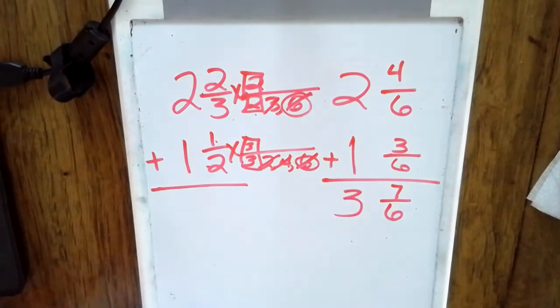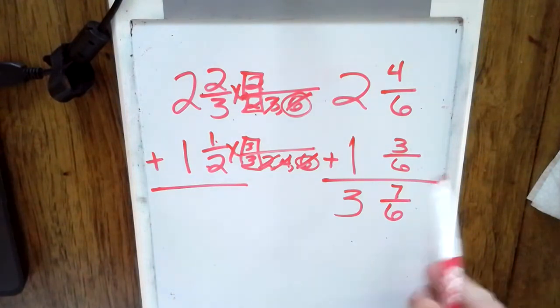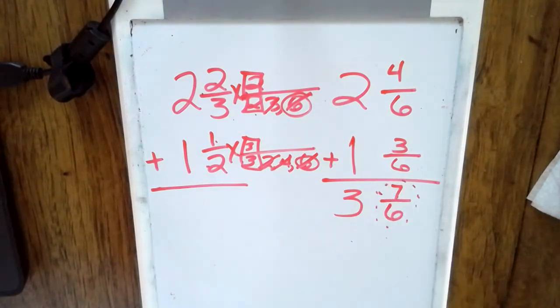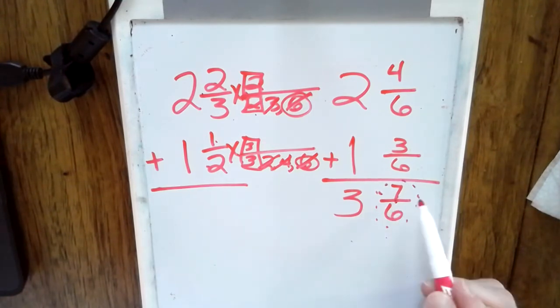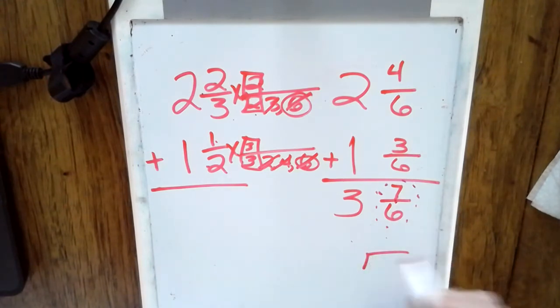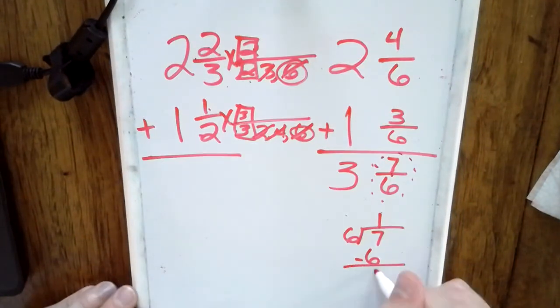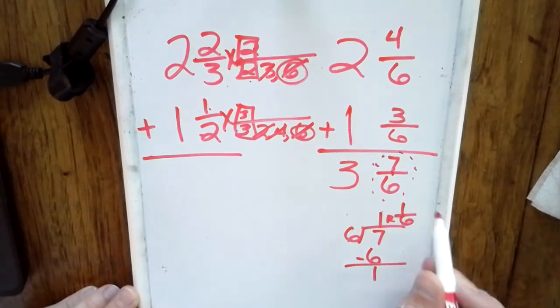Except we hit another one of those secret steps with fractions. This is improper, so I'm going to use our little song for improper fractions. Improper fraction, get into the action, flip and divide, flip and divide. So 6 goes into 7 one time. 6 times 1 is 6, and 7 minus 6 is 1. 1 remainder, so I put 1/6.